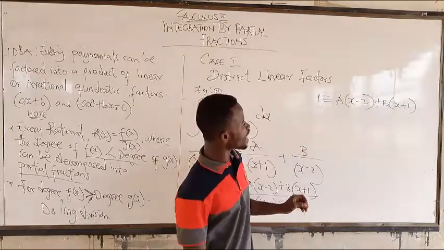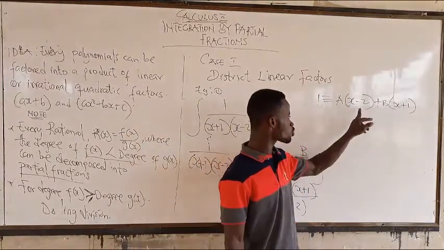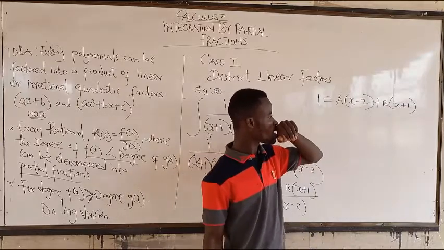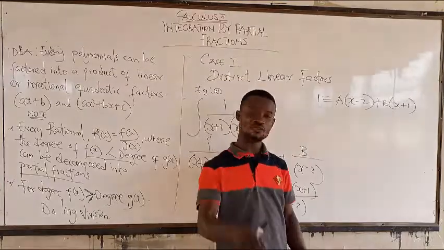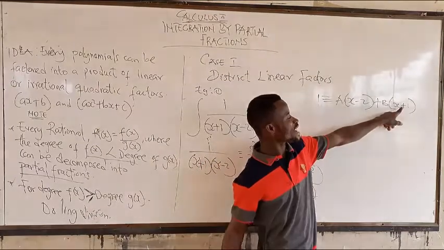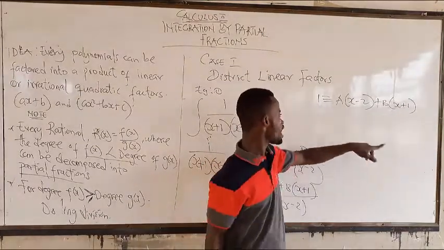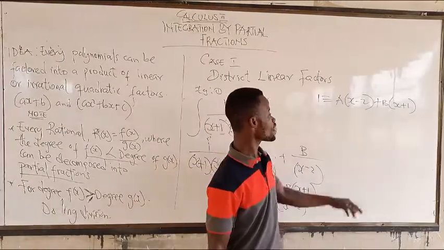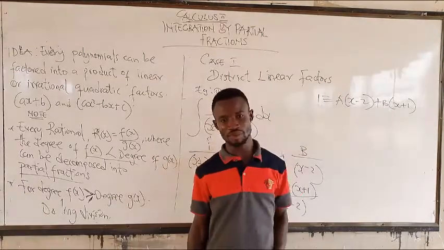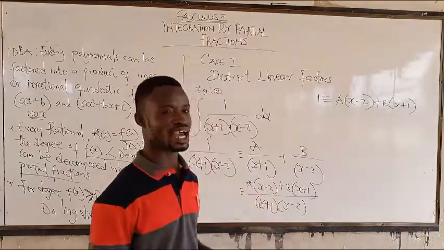But when we put S equal to -1, the inside here is going to be 0 and the inside here is going to be -3. When here is 0, we can get rid of the B so that we can find our A.